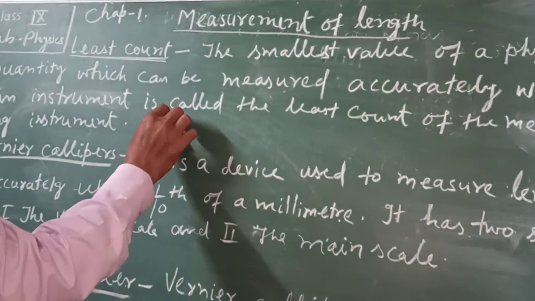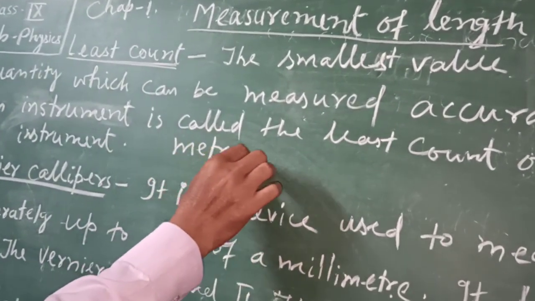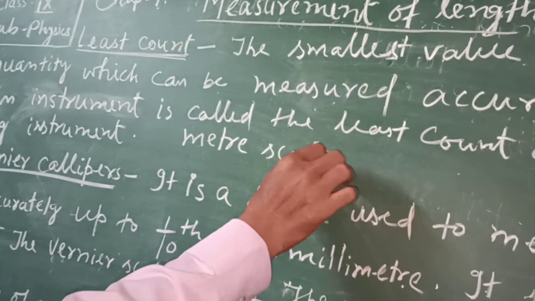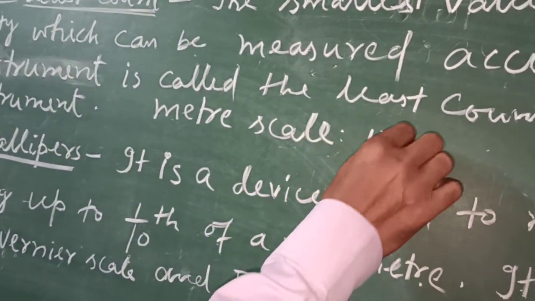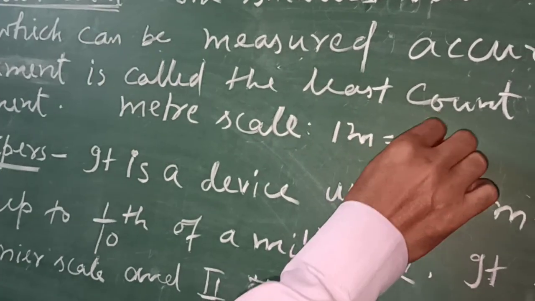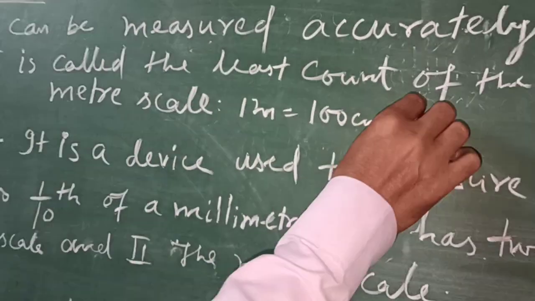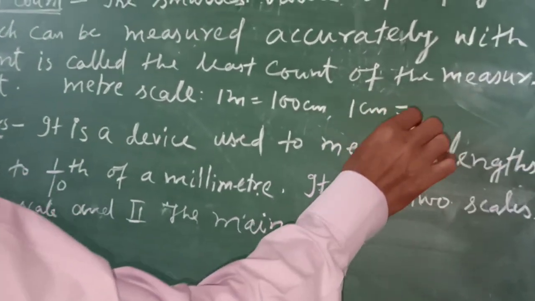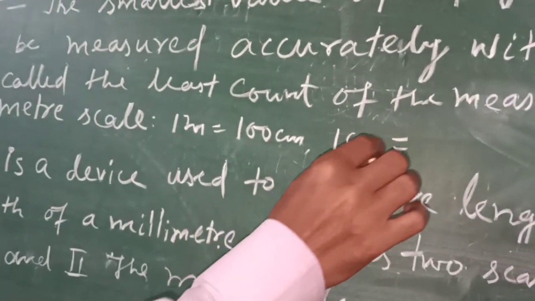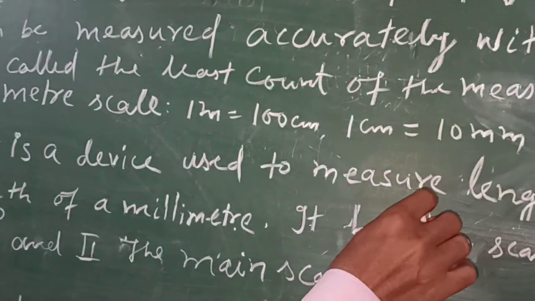Suppose a meter scale. 1 meter is equal to 100 centimeter. 1 centimeter is equal to 10 millimeter.